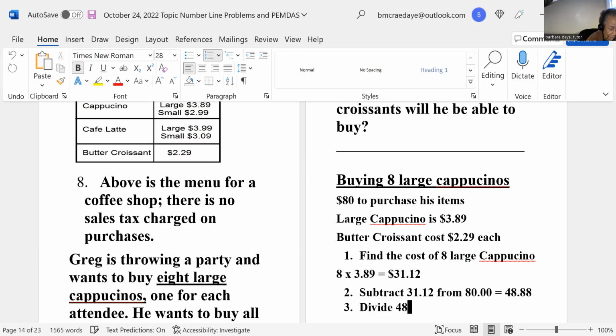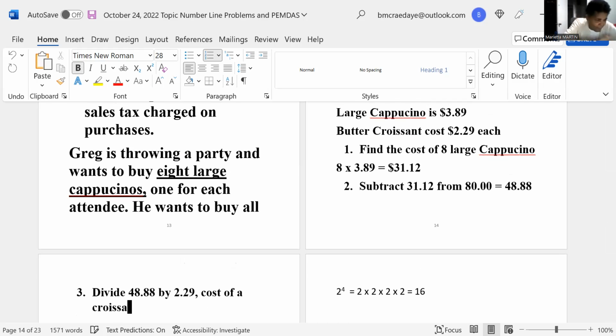Divide the 48.88 by 2.29, and that's the cost of 21 a croissant, and 34 cents, and the rest of the thing.